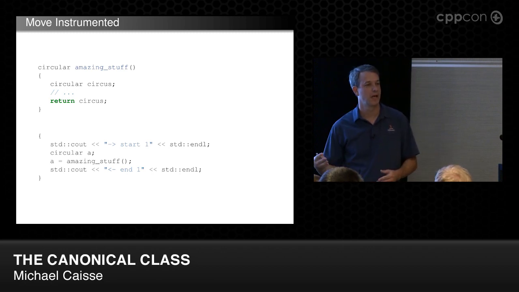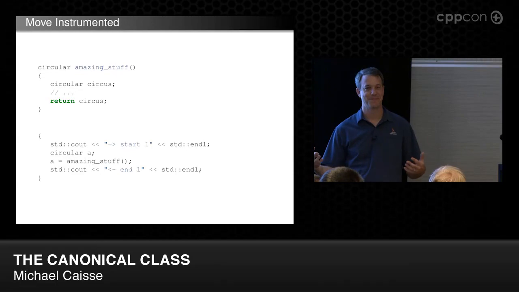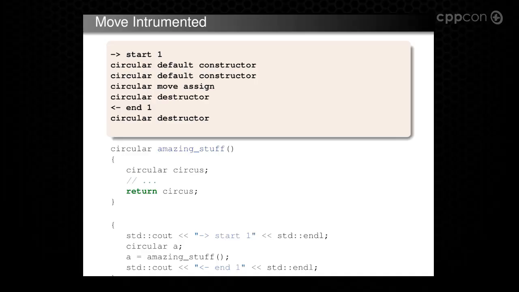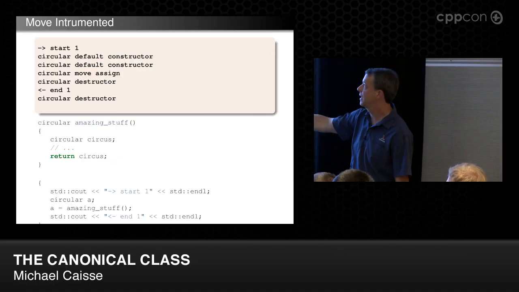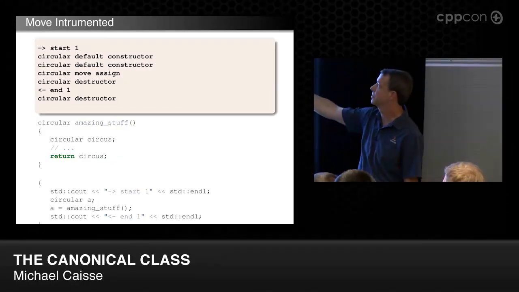How many what's am I getting? Constructions, moves, assignment operators. So I'm getting a default construction right here, and a default construction again right here, and a move assignment, and then my destructor, my circular destructor.